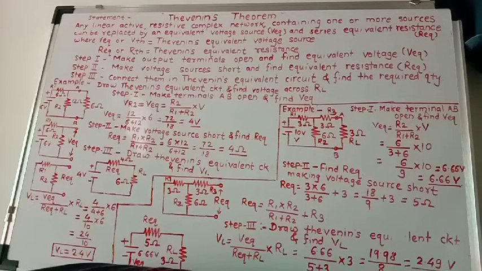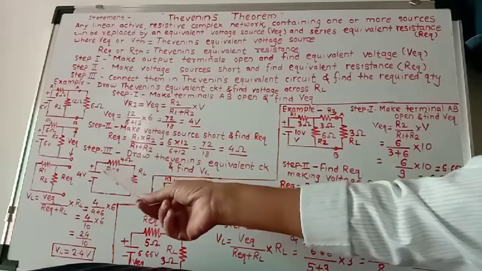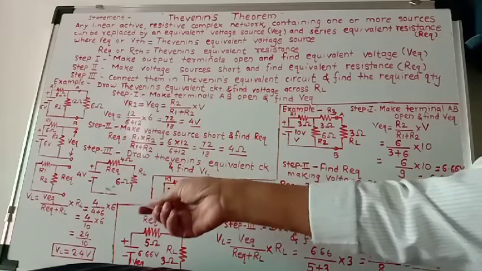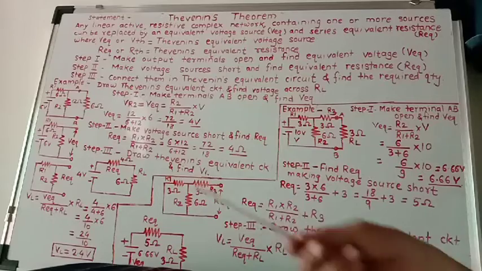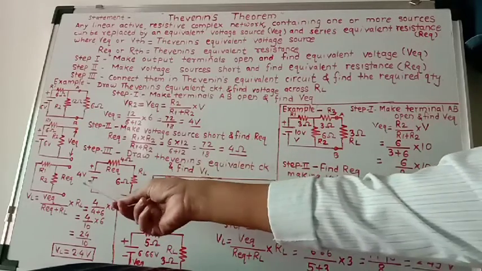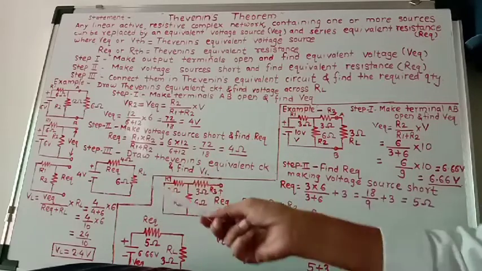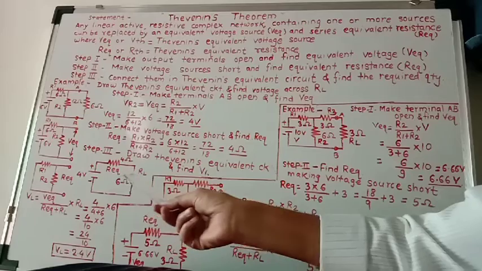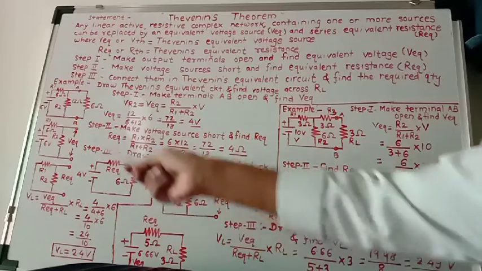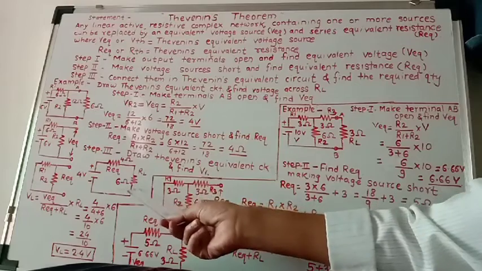Now the third step is to connect this R equivalent and RL in the circuit, and here Thevenin's equivalent voltage is 4 volt. V equivalent is 4 volt, R equivalent is 4 ohm, and then we connect load resistance RL, which is 6 ohm.